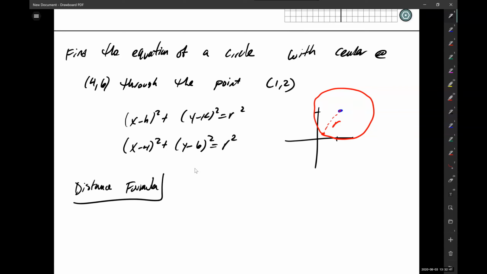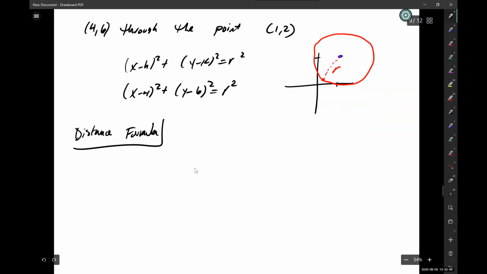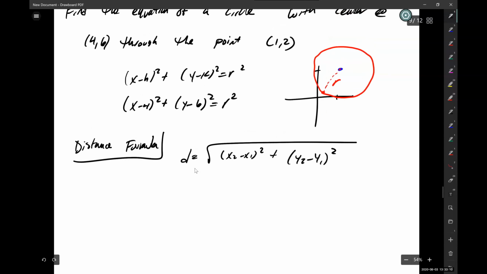Okay, so plugging into our distance formula, once again writing that down because it's been a while. Technically, the exact way was the square root of (x2 minus x1) squared plus (y2 minus y1) squared. So plugging in my points, we have the center of (4, 6) and the point (1, 2).